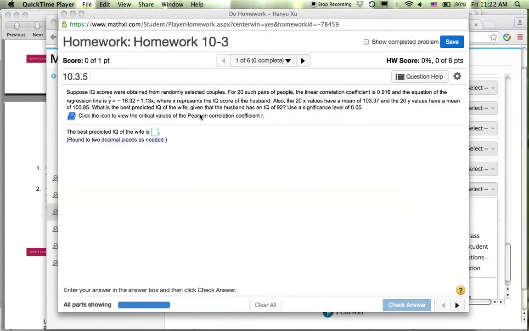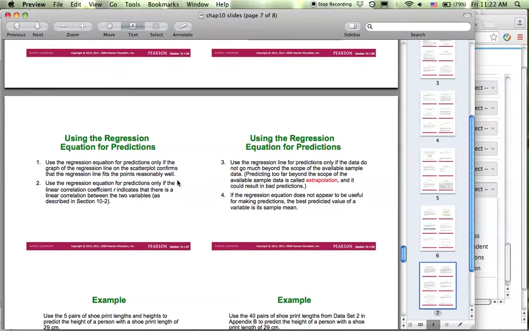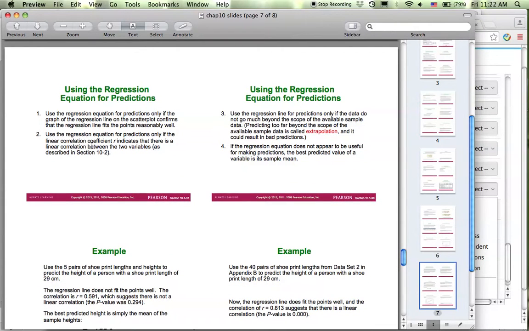Okay, so for those questions, the strategy is, if you go back to the slides, page number 7, you read number 2 and number 4, and you will know to use the regression equation only if the linear correlation coefficient, little r, indicates that there is a linear correlation between the two variables.